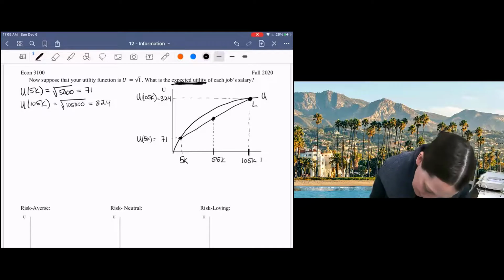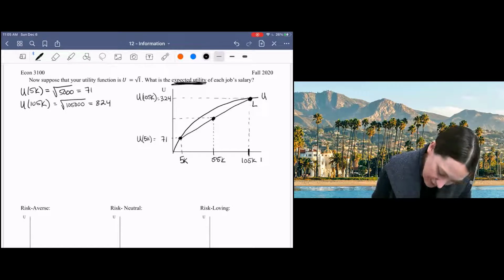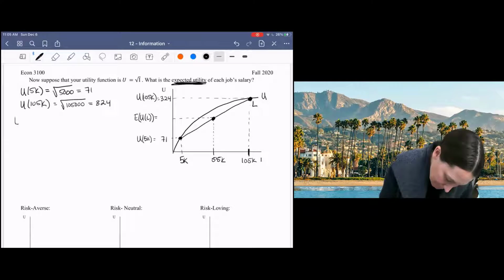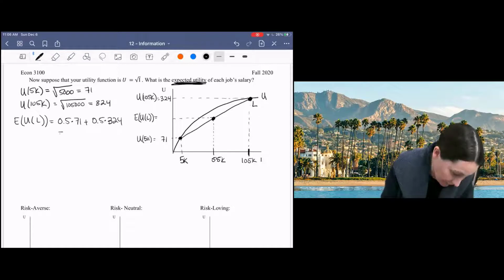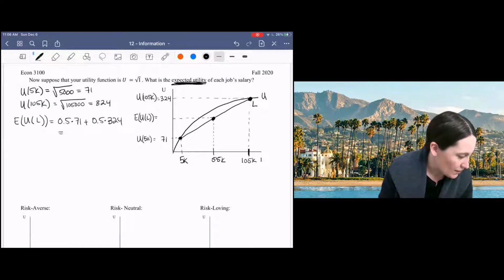So this point along the lottery line gives me the expected utility of the lottery, which will be 0.5 times 71 plus 0.5 times 324, which is 197.